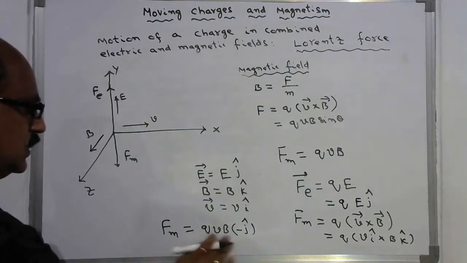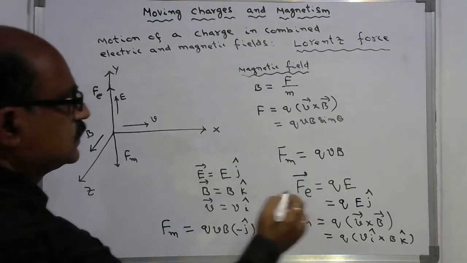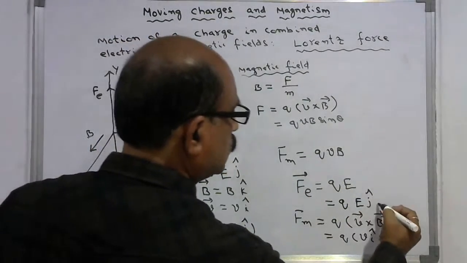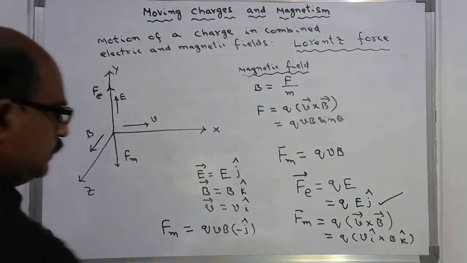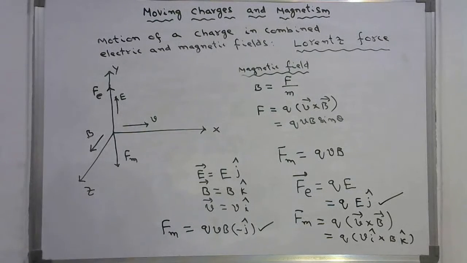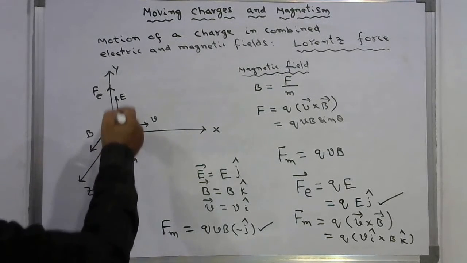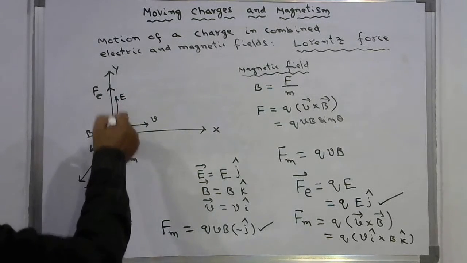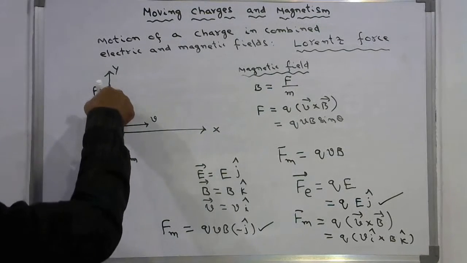So these are the two forces: first the force due to electric field, and second the force due to magnetic field. Then what is the net force due to these two? The net force is the electric force in this direction minus this one.